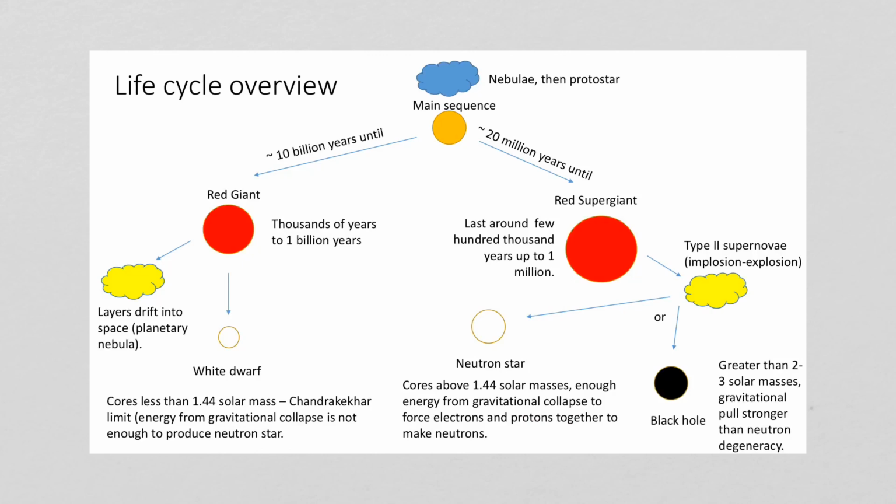And if it's larger than 2 to 3 solar masses, then that's when you get a black hole. And you've got this thing that I mentioned earlier, electron degeneracy pressure here, but here is neutron degeneracy pressure. So you then get the neutrons being pulled together, and then that makes something really dense, which then stops light from leaving.